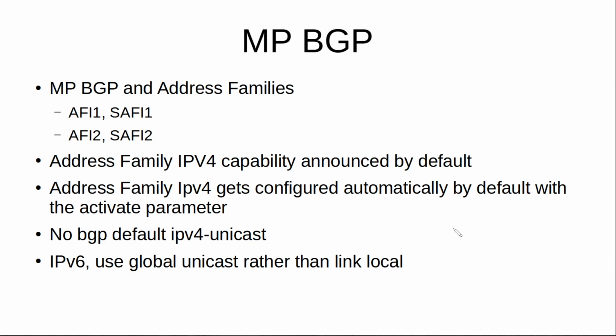So for IOS, the address family IPv4 gets configured automatically with the activate parameter, so you don't have to enter any other commands unless you enter no bgp default ipv4-unicast. In that case, you will have to enter the address family and the activate parameter manually.